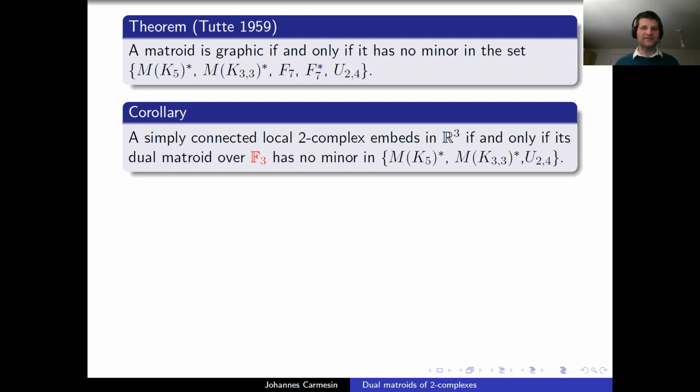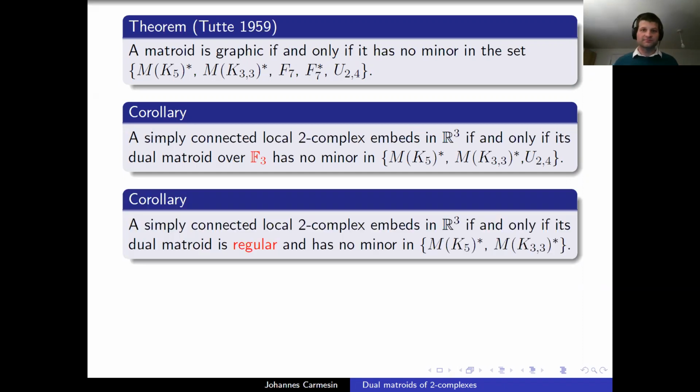Because F7 and F7 star already appear as excluded minors for F3 representability. So the dual matroid, if you build it up over F3, never can have these minors. And then if someone promises you that the dual matroid you construct actually is regular, then you just have 2 excluded minors.